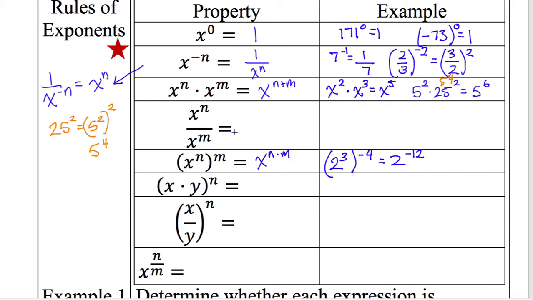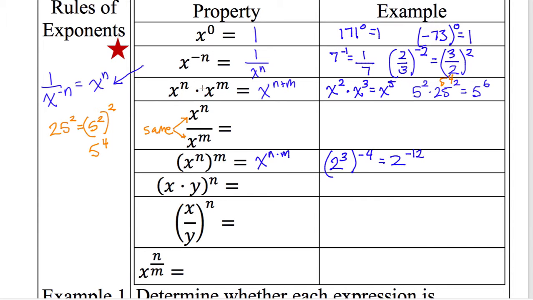All right, very similar to property number 3 here with multiplication. I now have division. X to the power of n divided by x to the power of m. Notice it's the same number. Let's make this note. This x and this x are the same number. It's not 2 and 3, it's 2 and 2, or 3 and 3.